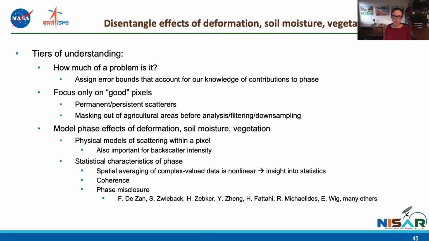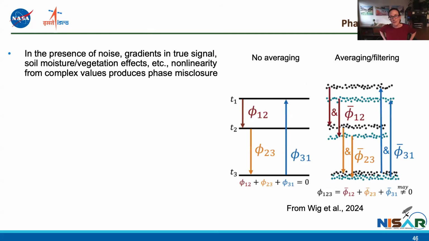So just to explain what that is, I think I have just enough time to do this. If you have, again, noise in the data, and this could be from gradients in the real signal, like if you're right near an earthquake rupture or something like that, where there's a lot of change going on in the surface. It can be these soil moisture vegetation effects. Then when you do an average of complex value data, it's nonlinear, as I said before.